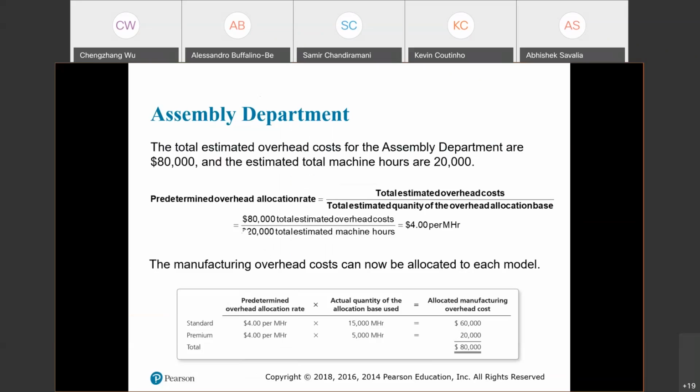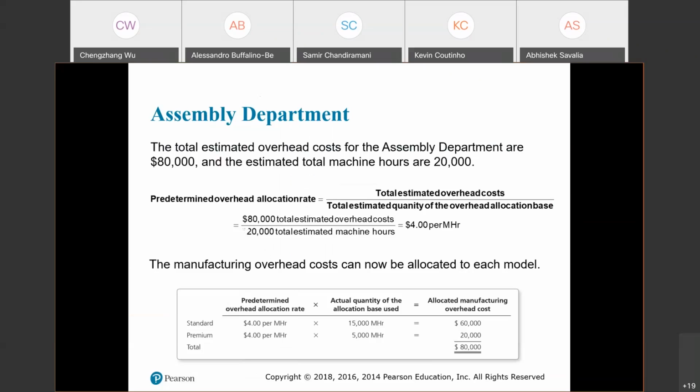We do not use the dollar sign before 20,000. So here we get the cost per machine hour: $4 per machine hour.